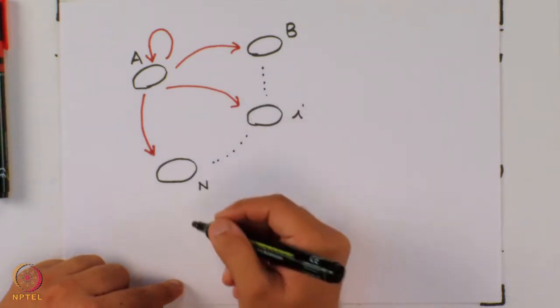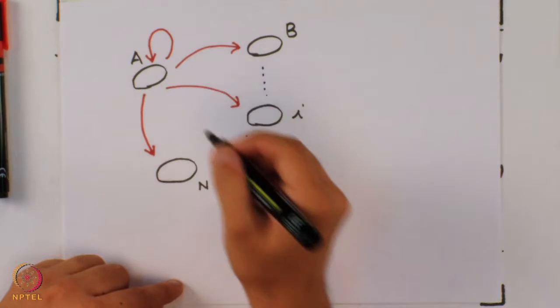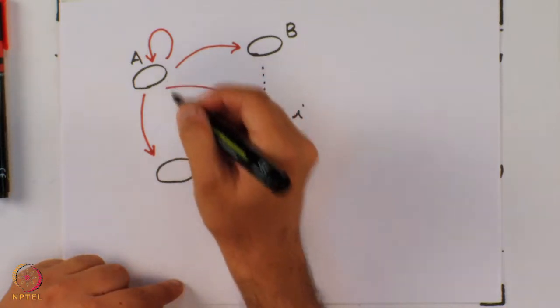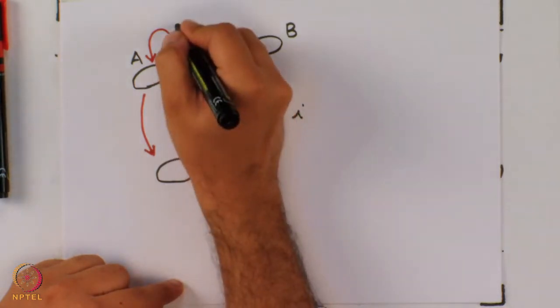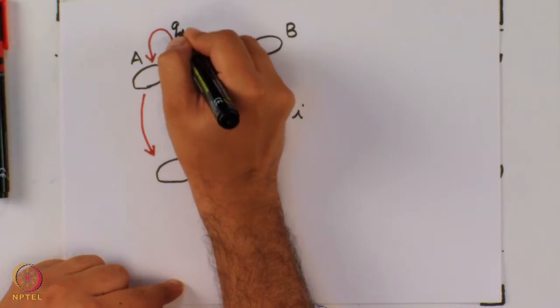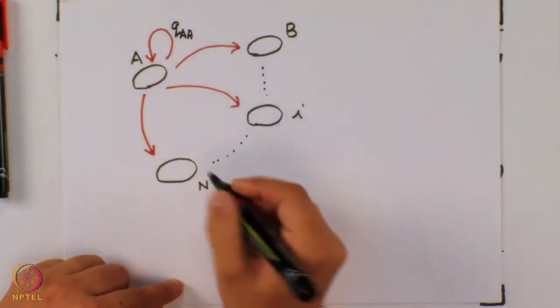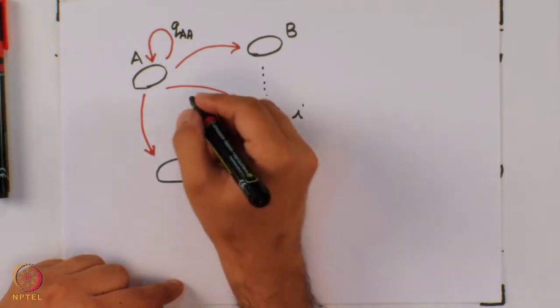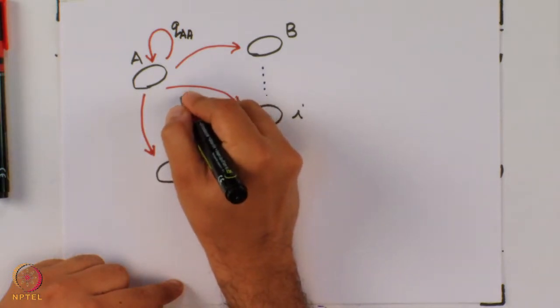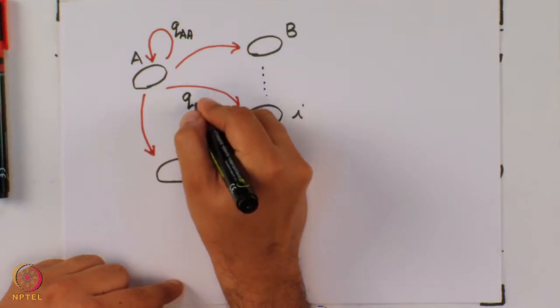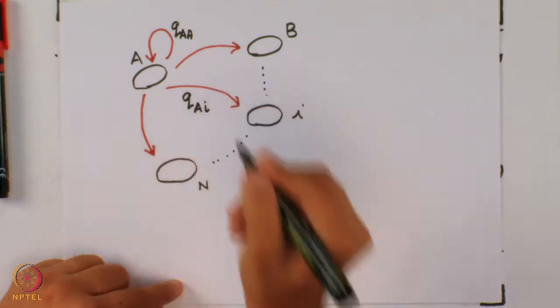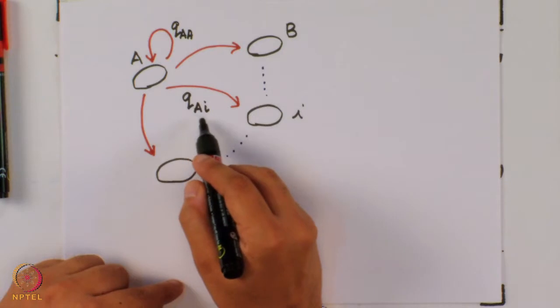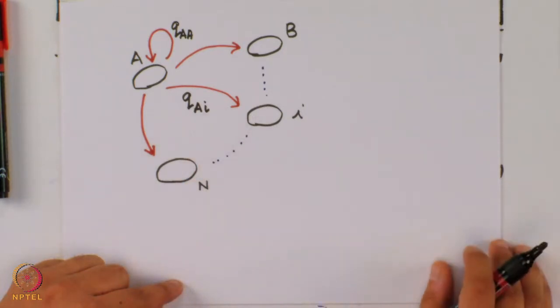The probability that when A divides the progeny also has genotype A is given by QAA. The probability that when genotype A divides, the progeny has genotype I is defined by the variable QAI. A divides and the progeny is of genotype I.